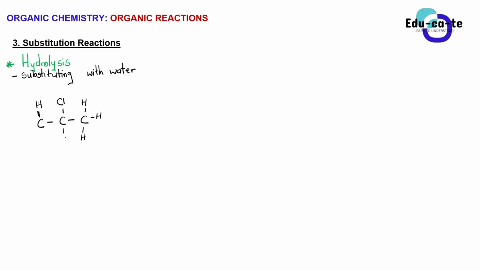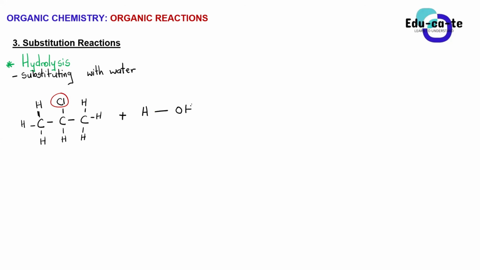Having this 2-chloropropane, I want to substitute water for the Cl. Instead of the Cl, I want to have OH. So hydrolysis, I'm substituting with water. So I'm going to put plus HOH.